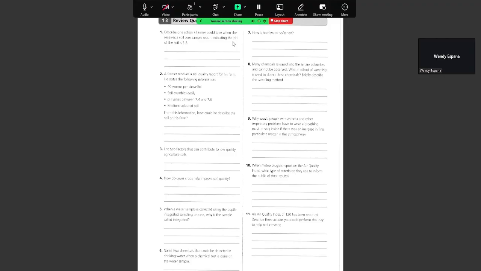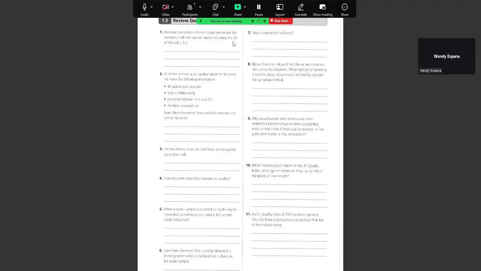Number 3, list 2 factors that contribute to low quality agricultural soils. And we talked about that. There's 2 main reasons why soil gets low quality. And we've talked about those right from the first night. So you should be able to come up with 2 different reasons why we get low quality soil.